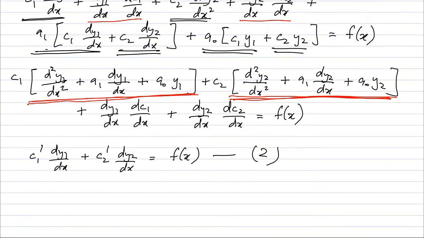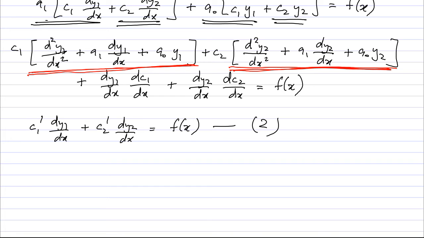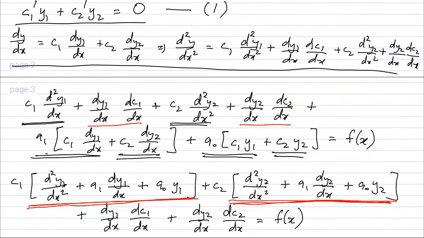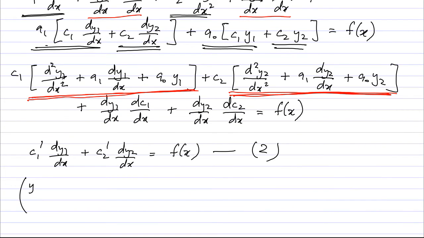I can recast those equations in terms of matrix equations. So you have y1, y2, y1 prime, y2 prime, then you have c1 prime, c2 prime. Oops, this became a little bit too big.